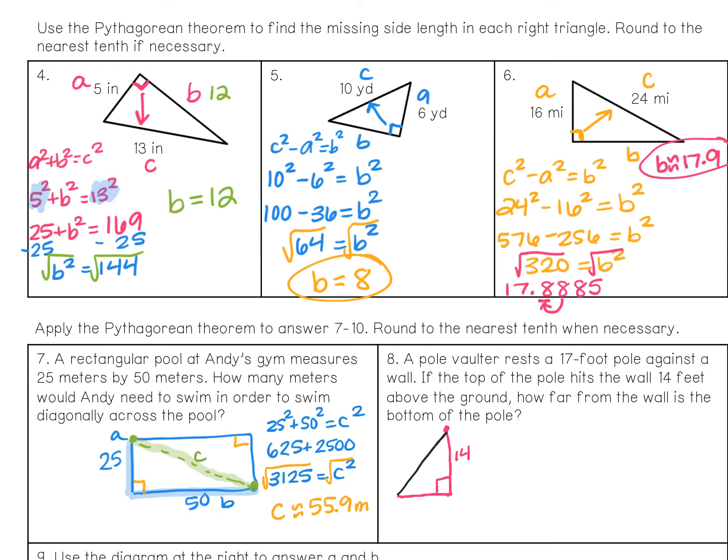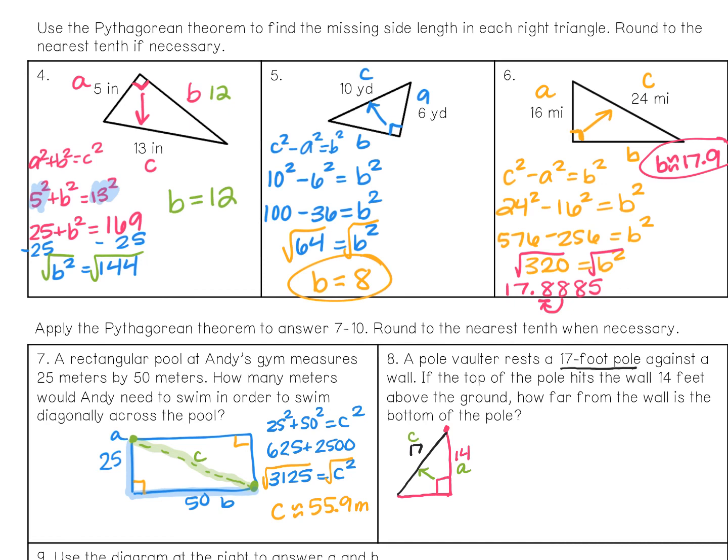Here it looks like I'm missing 2 measurements, but don't forget that they said that the pole is 17 feet long. So what I have is the side across from the right angle and one of the shorter sides that touches the right angle. So I've got a leg and I've got the hypotenuse.